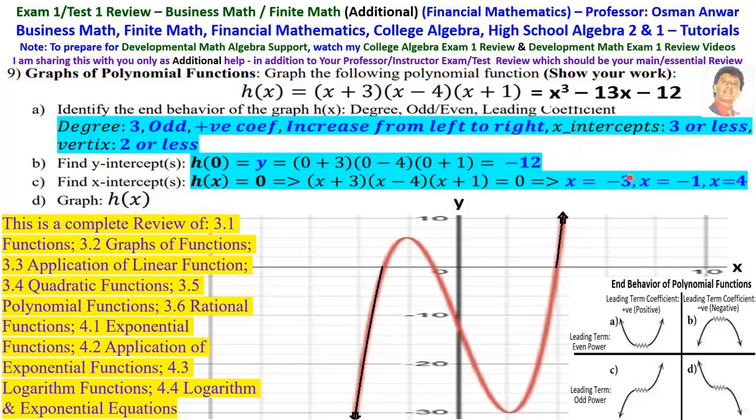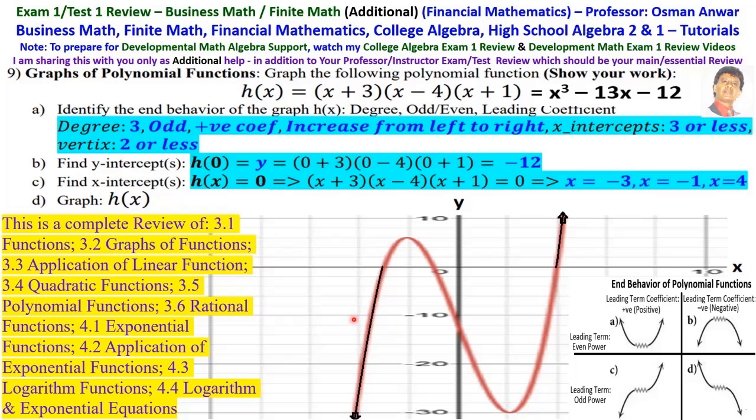It is x cubed, so it will have 3 or less x-intercepts, and the vertices, the turning points, which are the highest point and the lowest point, will be 2 or less.